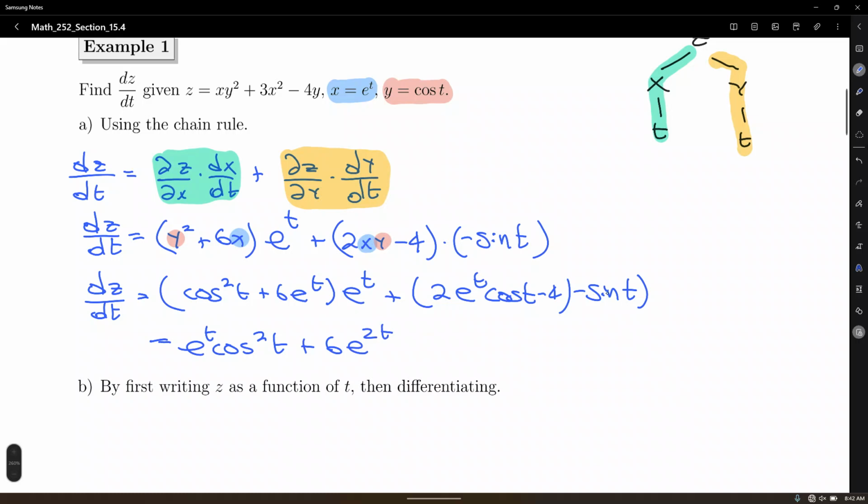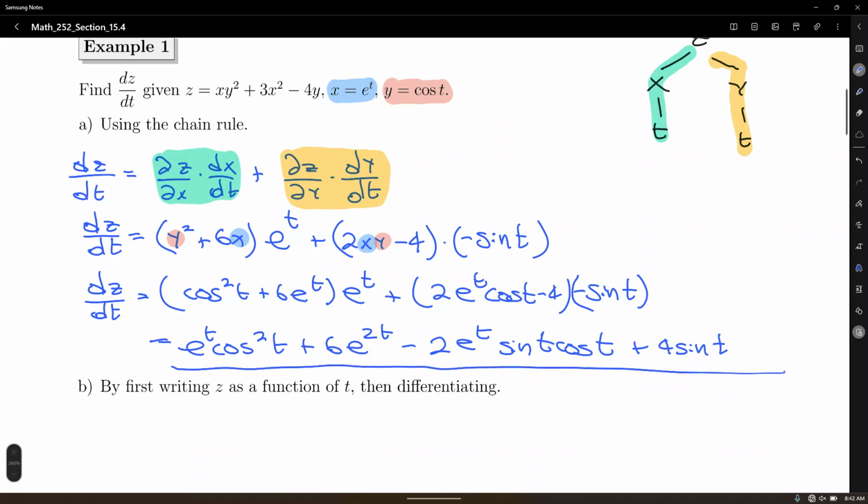And then 2 times negative sine, careful, that's minus 2 e to the t sine t cosine t, and then minus 4 times minus sine t equals plus 4 sine t. So that is our derivative, right? Using the chain rule. All right. So that is letter A, using the chain rule.